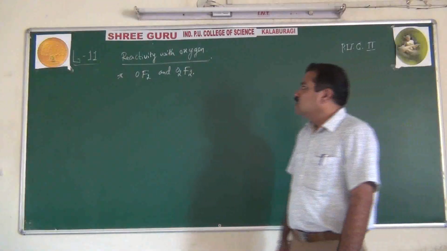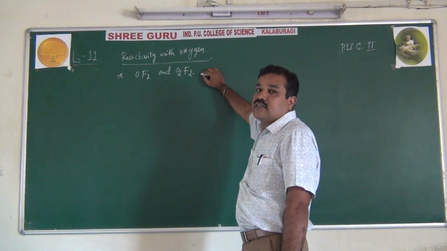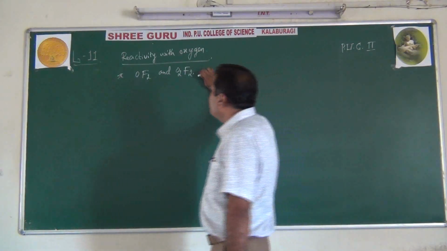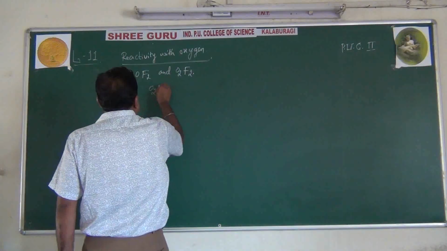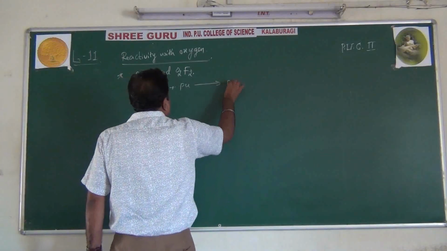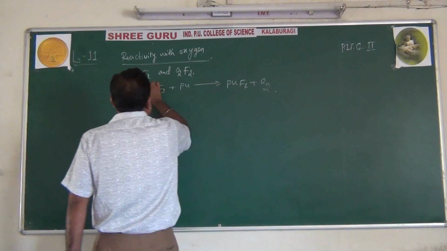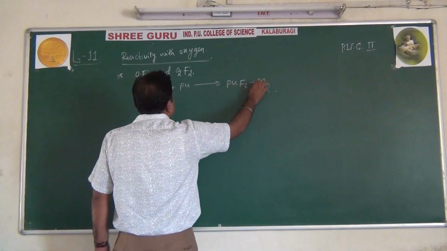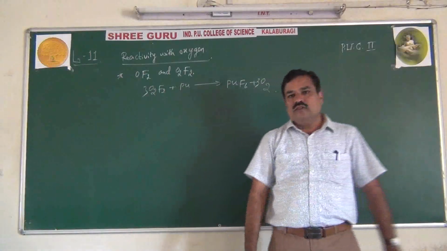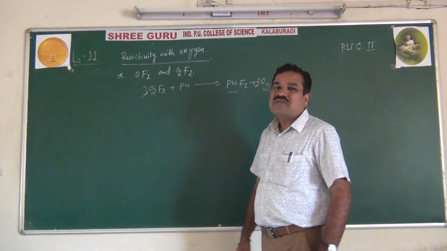Both are powerful oxidizing agents as well as fluorinating agents. Especially O2F2 is used to prepare plutonium hexafluoride and liberates oxygen. This is used in enriching plutonium from spent nuclear waste.